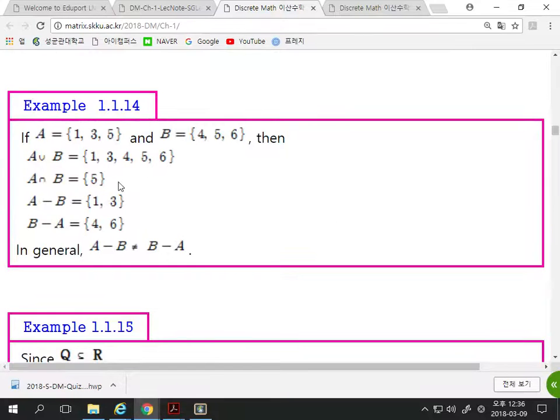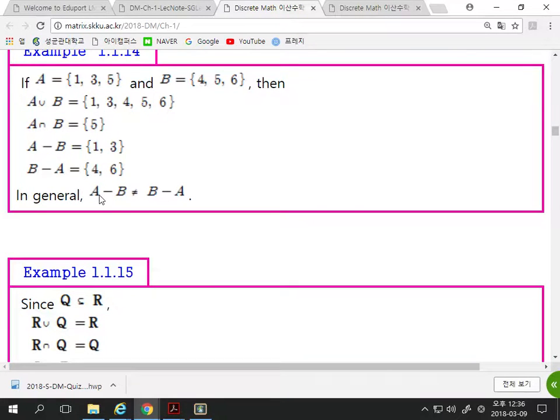In this case, A minus B, we exclude the elements of B, so 1 and 3 are left. But for B minus A, we eliminate 5 from B, so we have only 4 and 6.